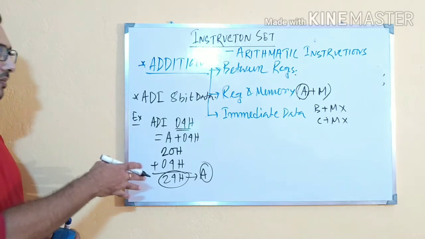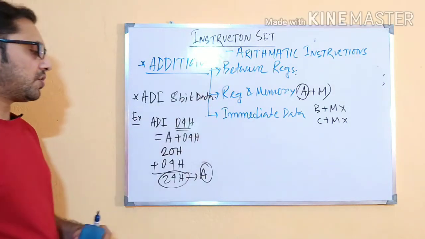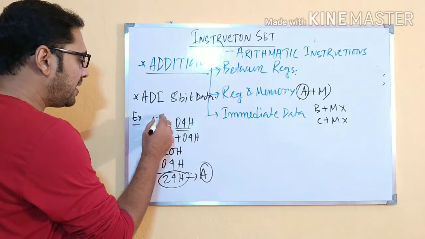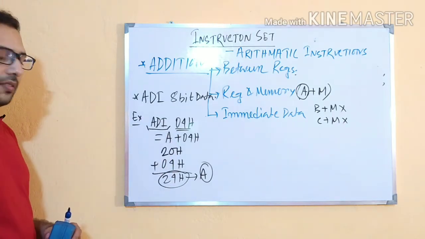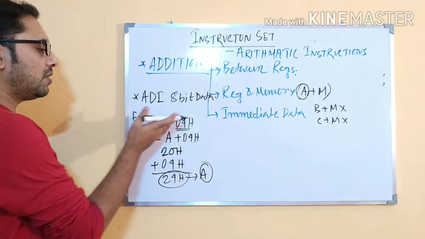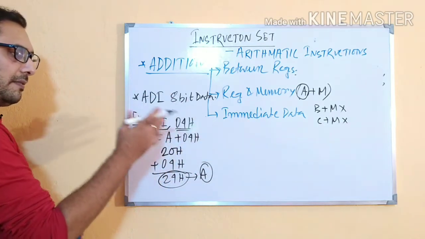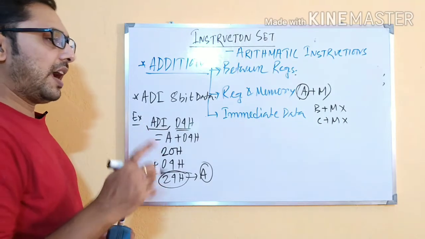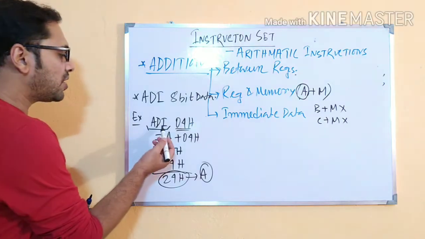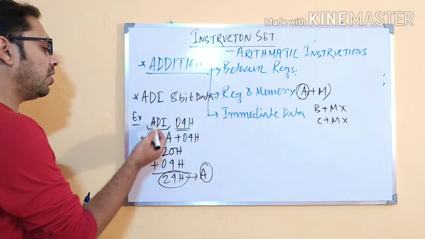Hopefully this is understandable. And from the previous video you should remember I said that if an I is present within any opcode, it represents immediate data, and that immediate data should be available within the instruction. There is one exception: I should not be the starting letter of the opcode.